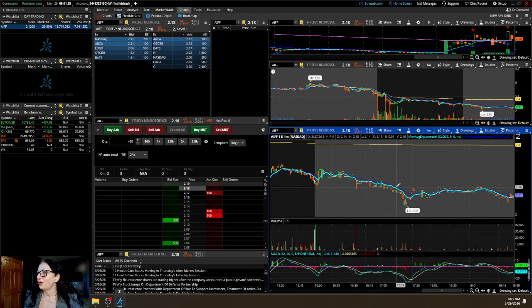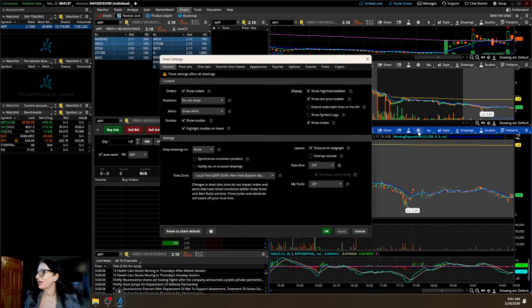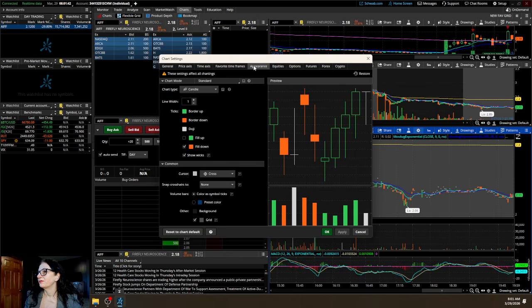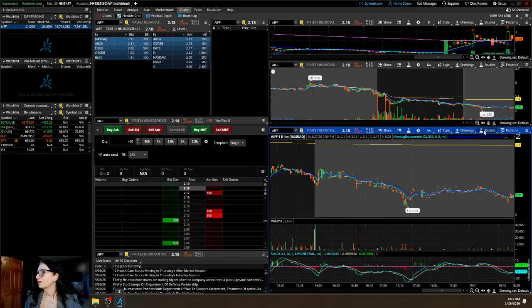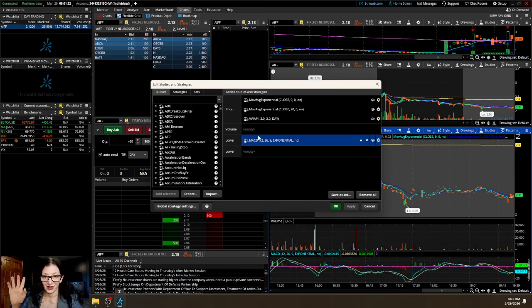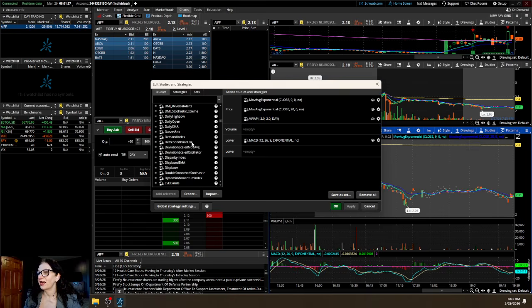Okay, so on ThinkorSwim, it's a little bit different. You can do it a couple of different ways, but you can go here to settings, then studies, edit studies, sorry, my bad, edit studies, and here you would go down to moving average.